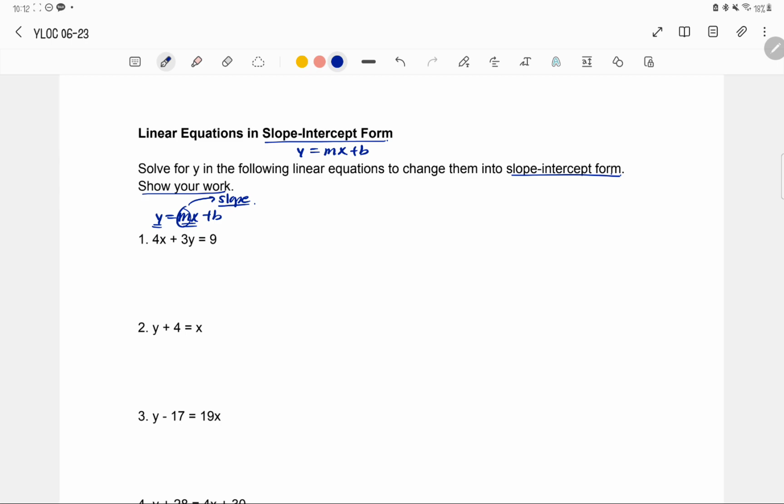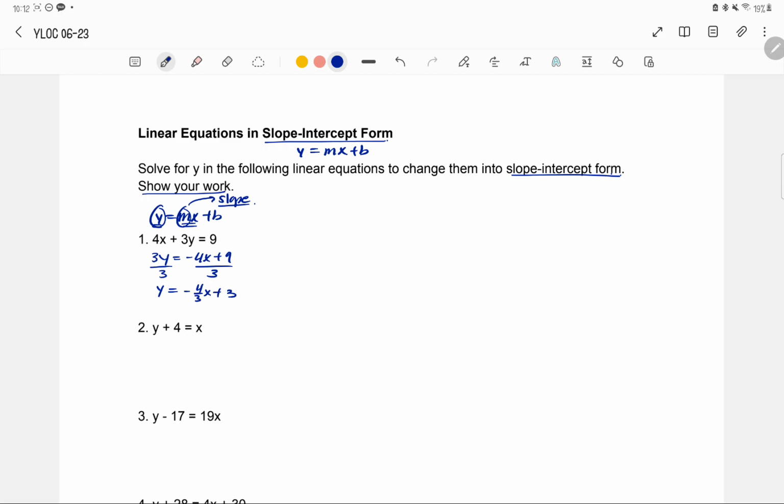So 3y equals negative 4x plus 9. What I just did is move 4x to the other side to make 3y by itself. Same thing, we're going to solve for y this time because we're leaving y by itself. So divide by 3. Be careful, you have to divide everything. y equals negative 4 thirds x plus 3.